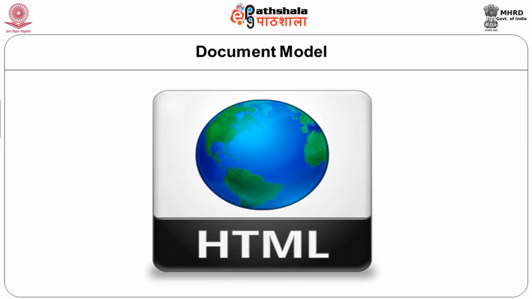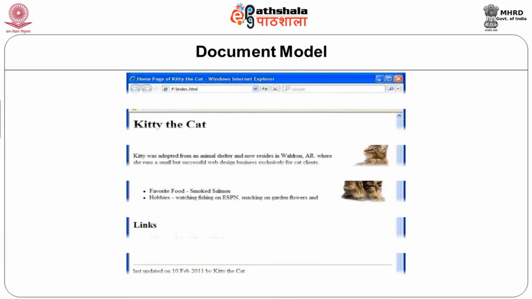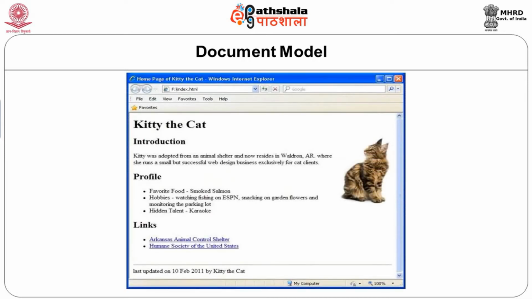Document model. Hypertext markup language, or simply HTML, is the basic building block of web documents. This is a markup language that provides markup tags to provide structure to a web document. The document is structured into various sections. For example, each HTML document is divided into a heading section and a main body section.